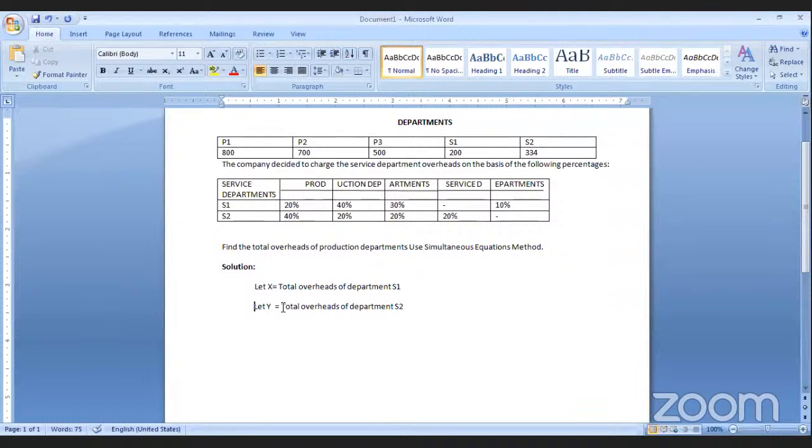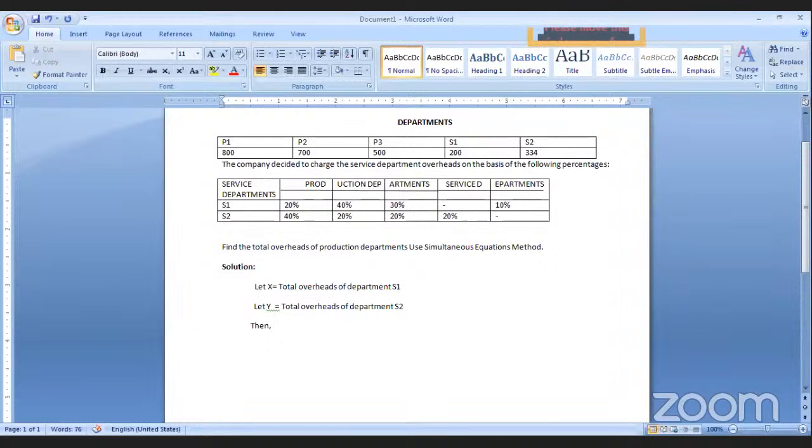Then you can solve. Then you have to derive equations. This equation part is very, very important. Please remember, this equation is very, very important. How to derive those equations, I am saying now.